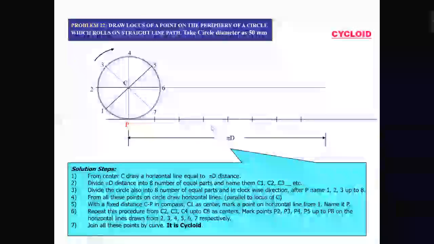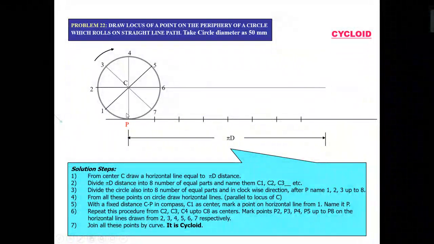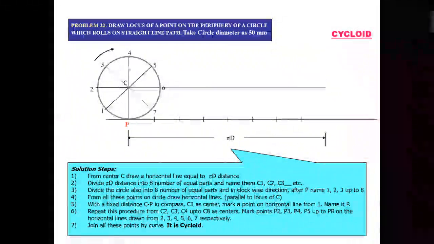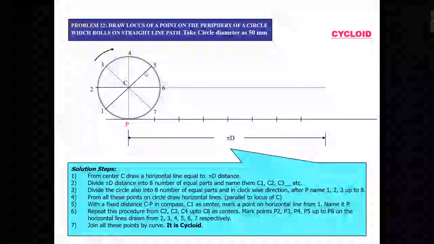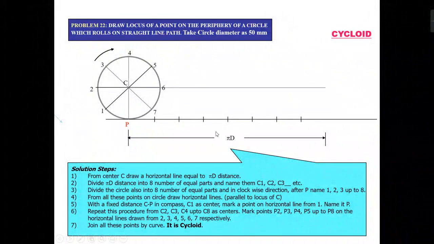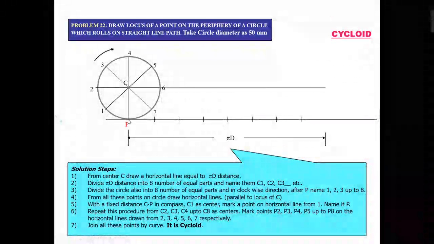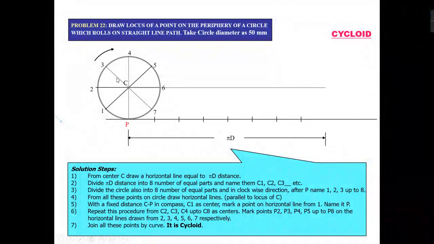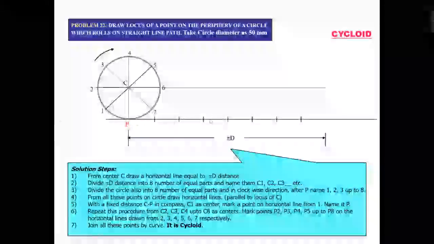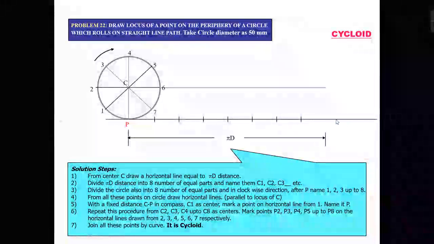Okay, now suppose your circle is moving 1.5 rounds, then the distance covered by this circle will be nothing but 3 by 2 pi d, right? 3 by 2 pi d. So if I am cutting the circle into 8 equal parts, then I have to cut the pi d distance into 8 equal parts, and there will be another half pi d.